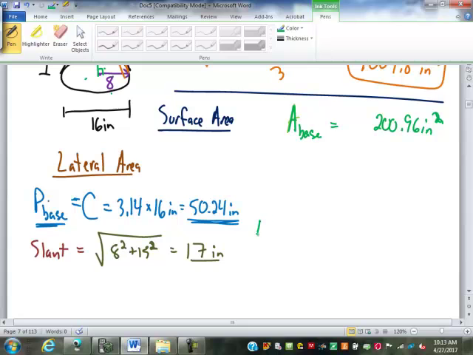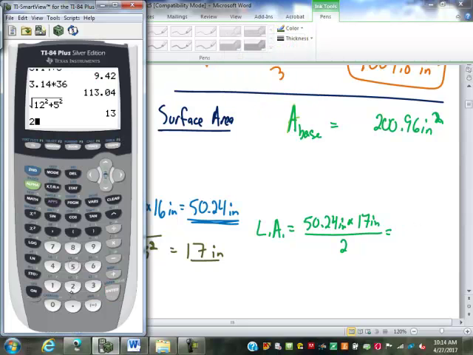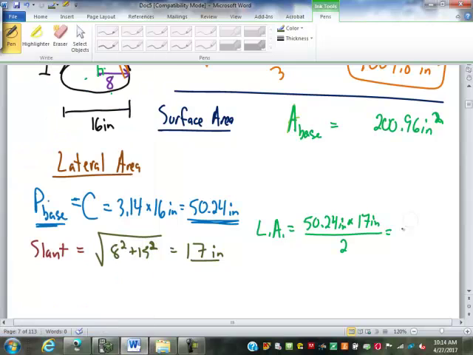So our lateral area is the perimeter of the base, 50.24 inches, times the slant, 17 inches, and because those form triangles, basically, it's divided by 2. Giving us 427.04 inches squared.